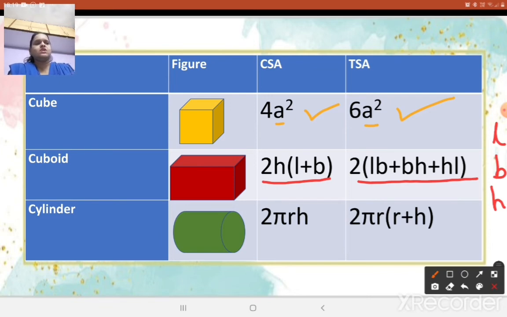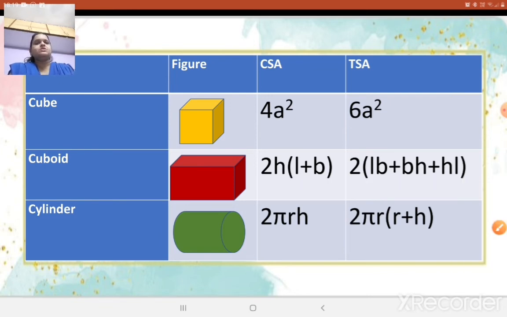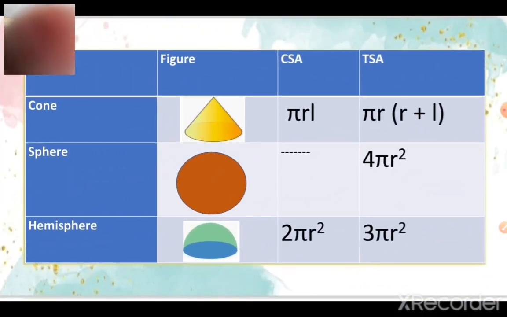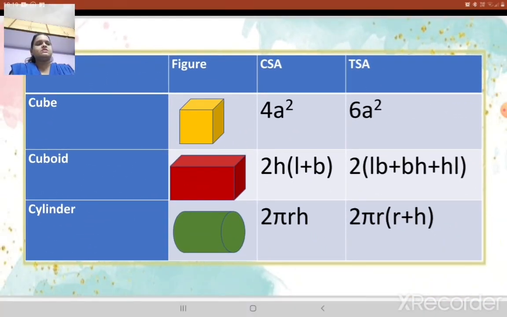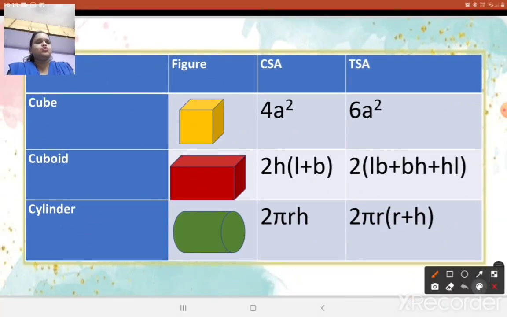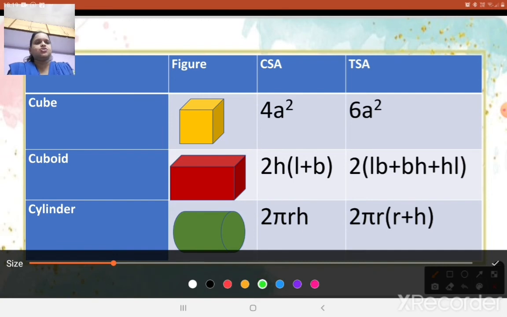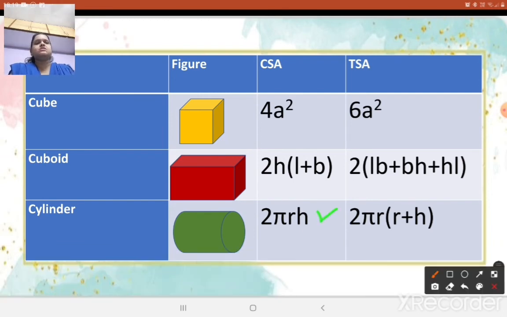The next one is for cylinder. So what is the curved surface area of a cylinder? Just wait a minute. The curved surface area of a cylinder is 2 pi RH. Correct? So 2 pi RH is a curved surface area and 2 pi r in the bracket R plus H is a total surface area of cylinder.